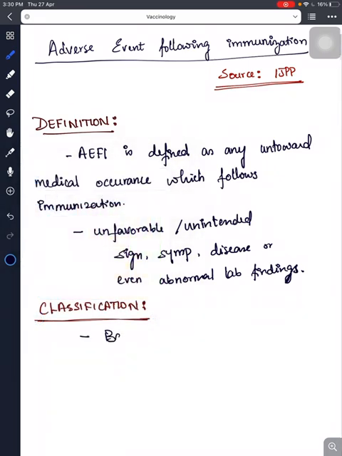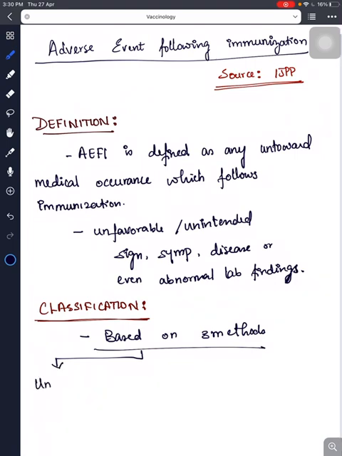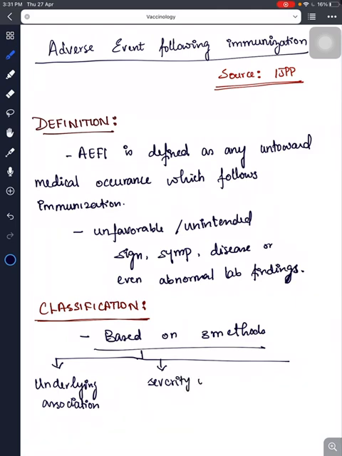Next, we'll go on to the classification of AEFI. It is classified based on three methods. The first one is based on underlying association.